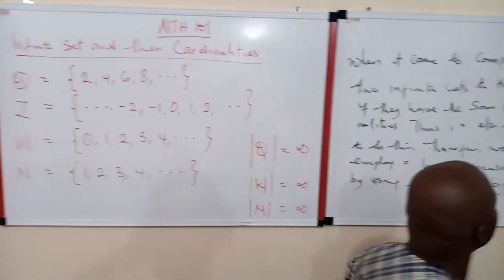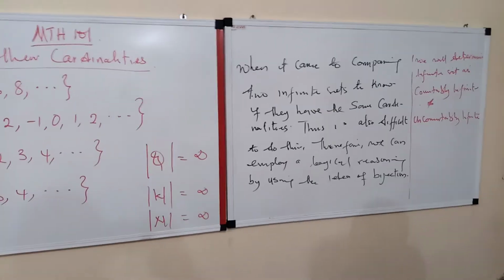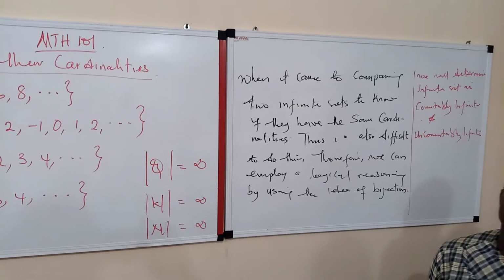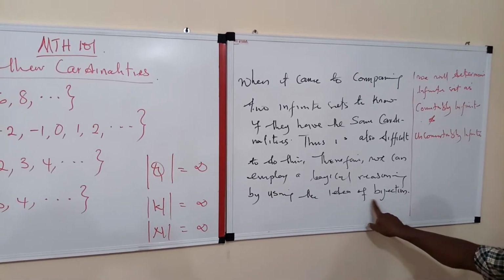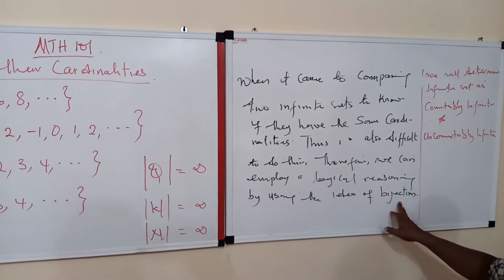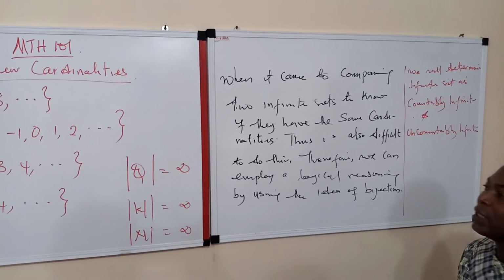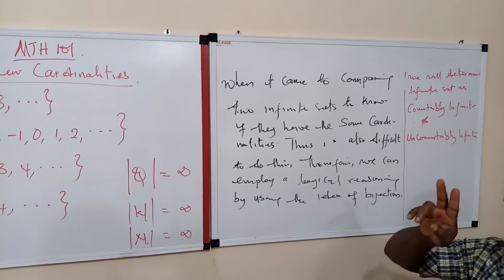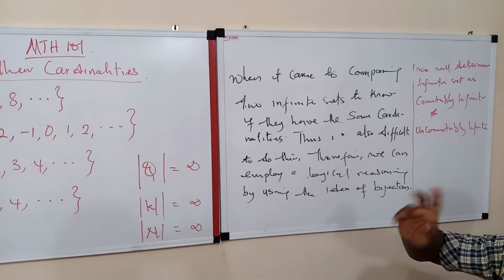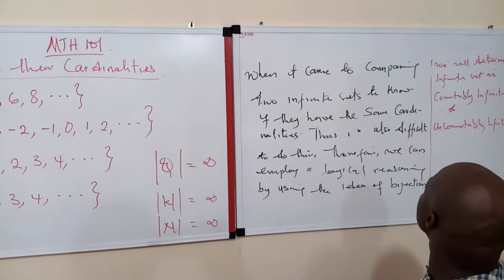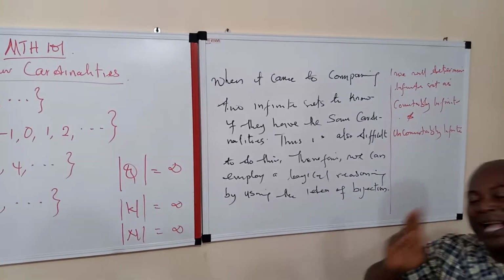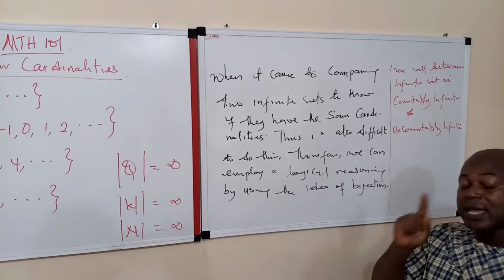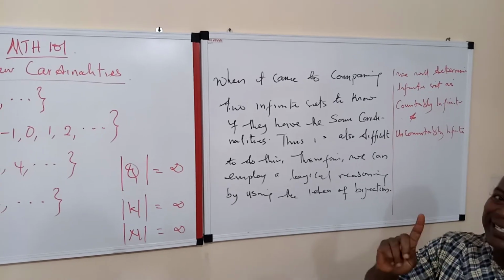So first of all, let's compare if two countably infinite sets have the same cardinality. Now, in doing that, we have said that we are going to use the idea of bisection. If that is true, then we can in advance say that two finite sets or countably finite sets are said to have the same cardinality if and only if there exists a bisection.